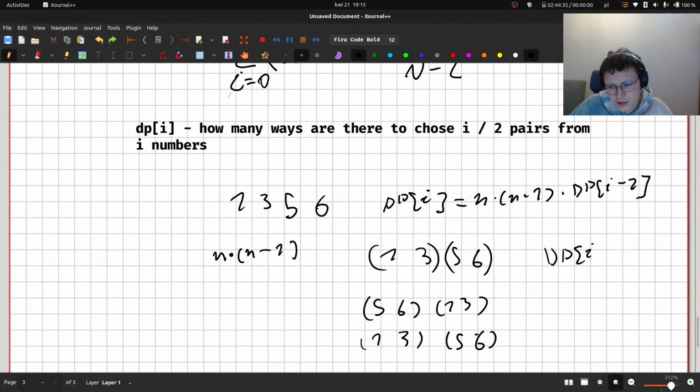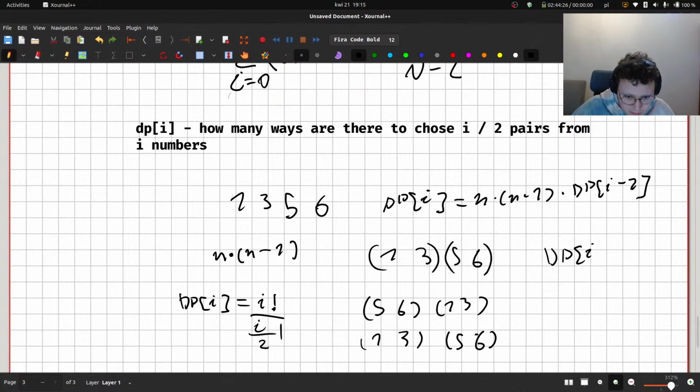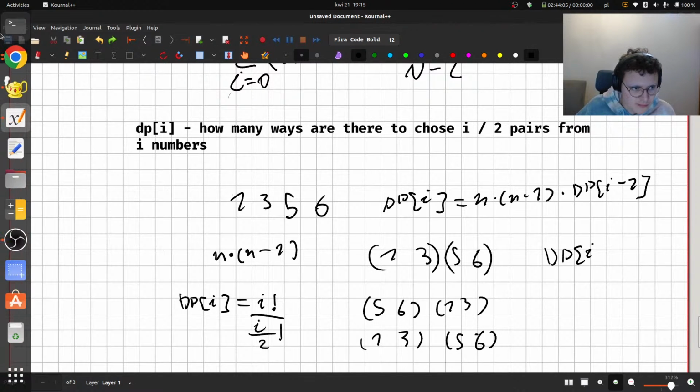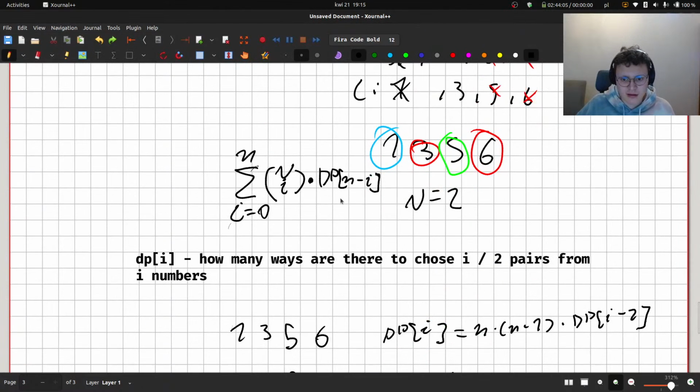So well, we know that dp from i is just i factorial divided by (i divided by 2) factorial, right? Because this is what comes from the formula. Basically, we first choose pairs and then we divide them by the number of orderings. So that's the whole task.